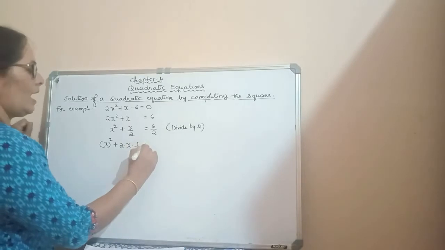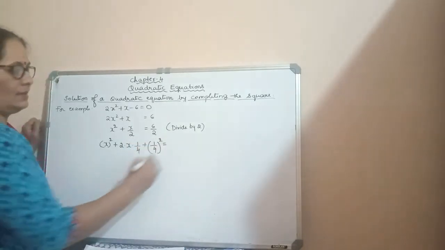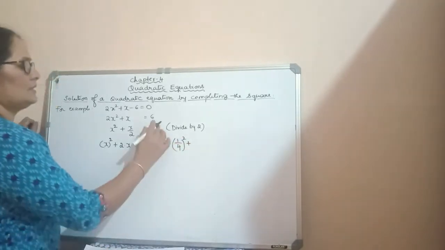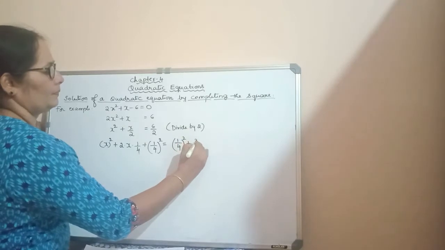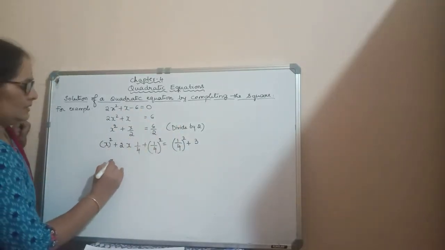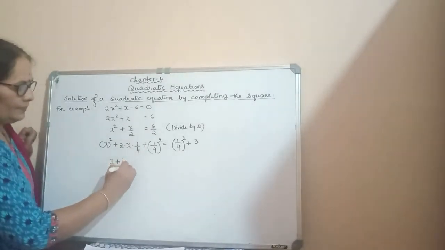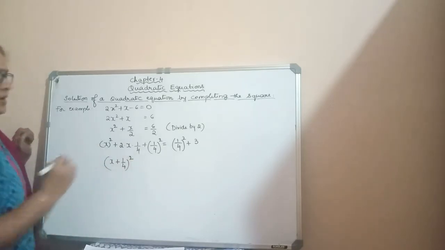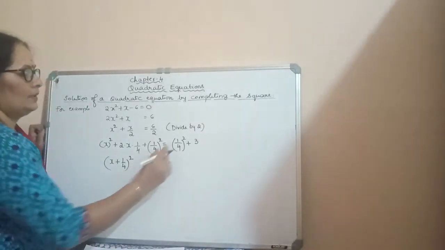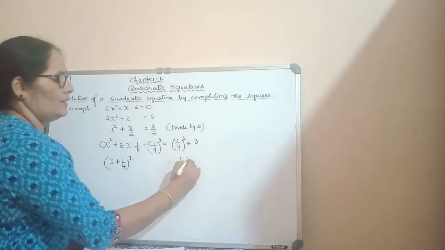So add 1 by 4 whole square on both the sides. 6 by 2 is 3. Now this is (x plus 1 by 4) whole square equals 1 by 16 plus 3.